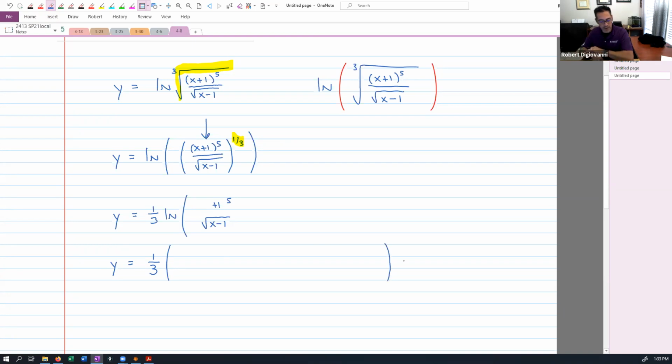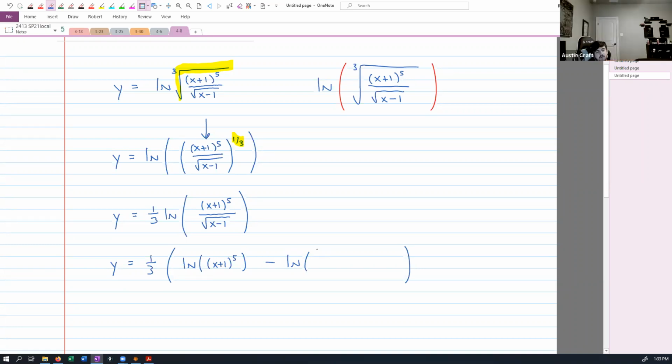So I'm going to put a set of parentheses here. 1/3 is going to multiply times both the logs. The first log I get is going to be the numerator, so it's the x plus 1 to the 5th. And then minus, because division becomes subtraction of 2 logs. And then the next one is the denominator.